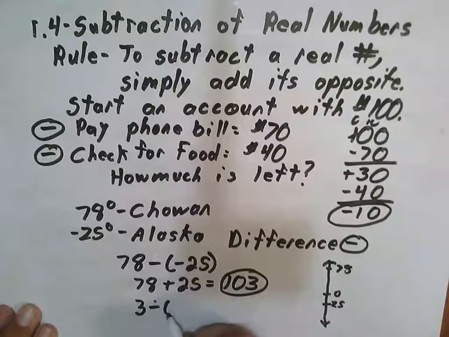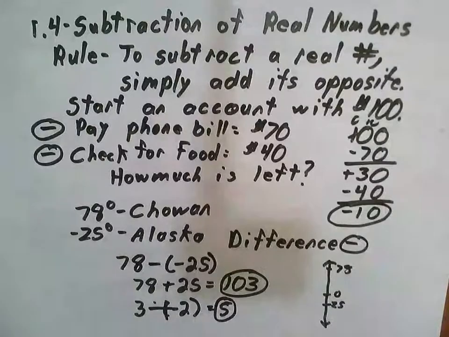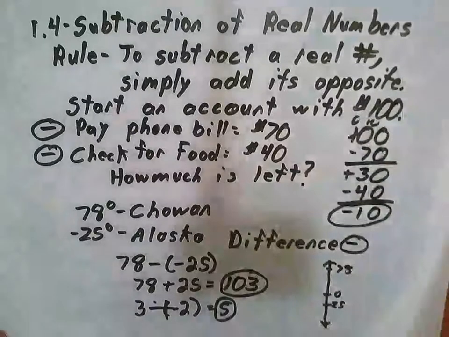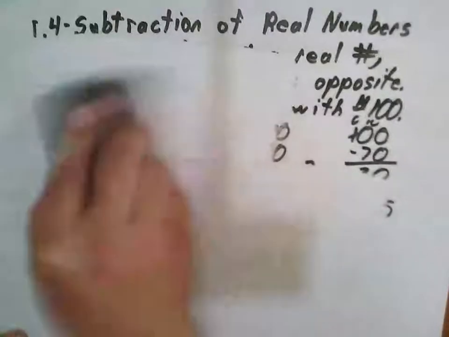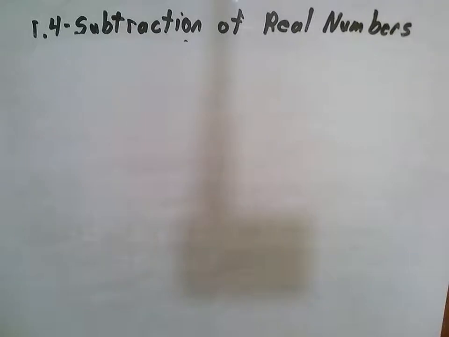If I say 4 minus negative 2, for example, generally what I do is connect everything, and then it's 4 plus 2, which is going to be 6. How you decide to do that is entirely up to you. There's no correct way to do that. Just be consistent with what you do.